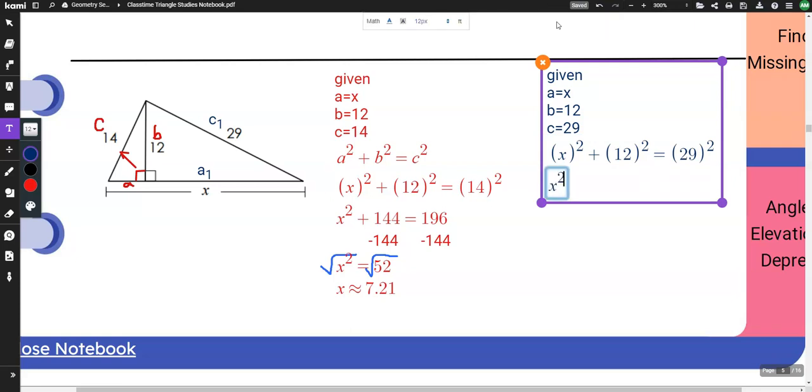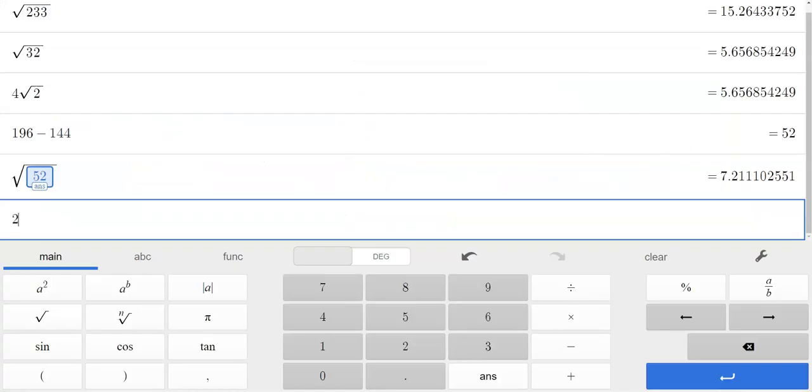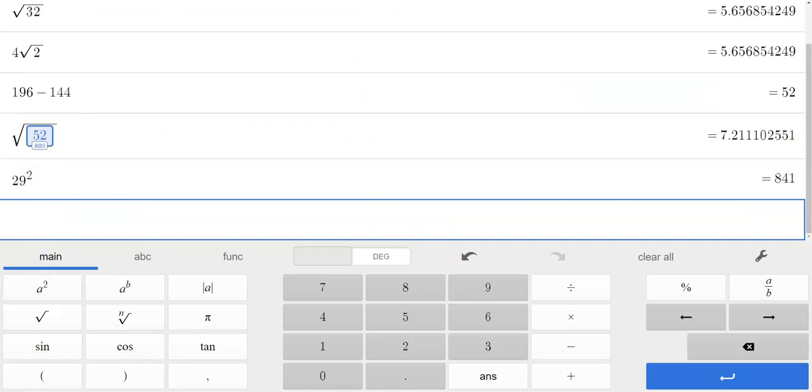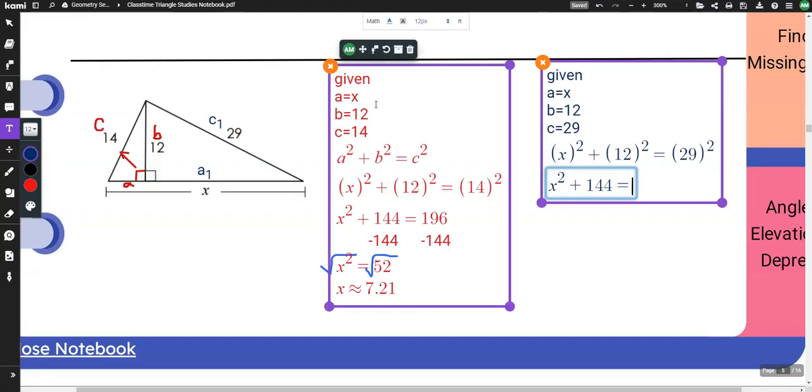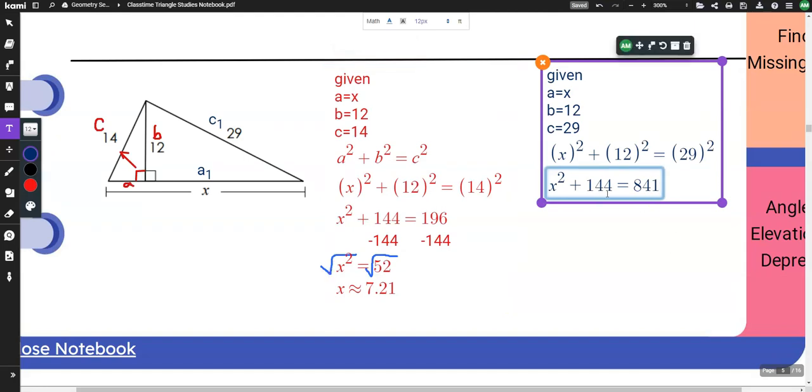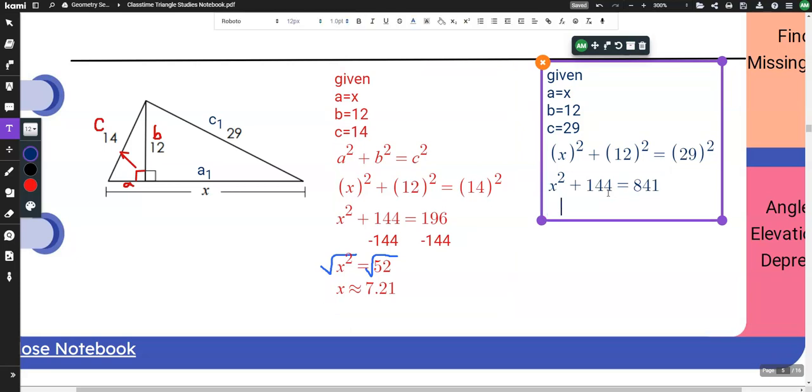So we have x squared plus 144. And I'll be honest, I do not know off the top of my head what 29 squared is. 841. I should have known that, actually. We had that problem earlier on this same page. Or, no, it's later on the same page. That makes sense.